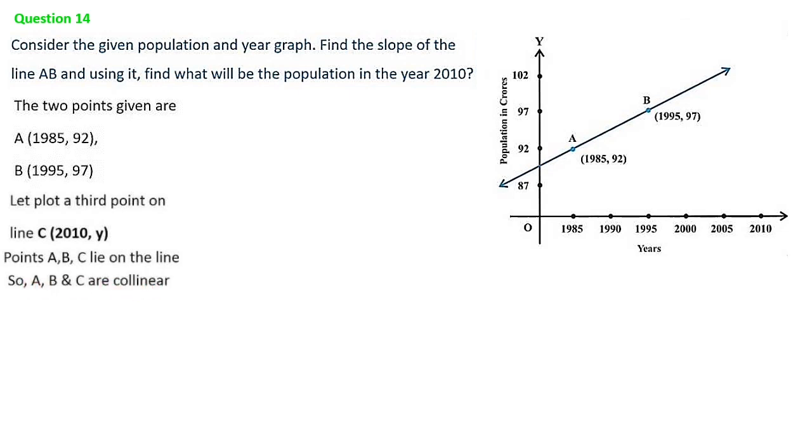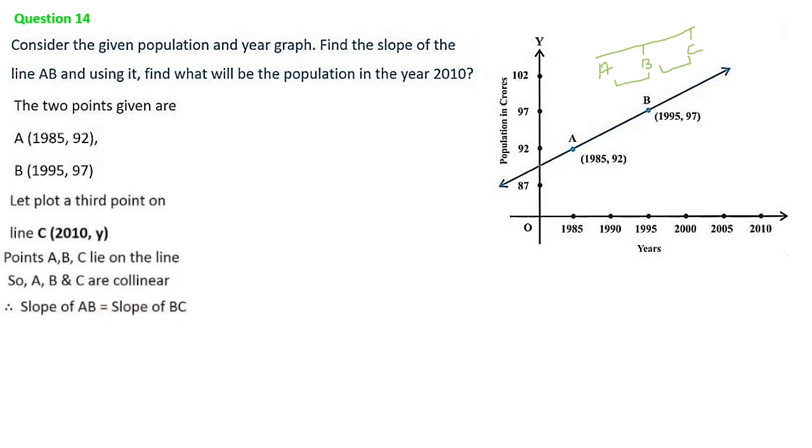Previously also we have done this: if 3 points A, B, C are on a line, the slope of AB and the slope of BC will be equal. So that is what we are going to do here.